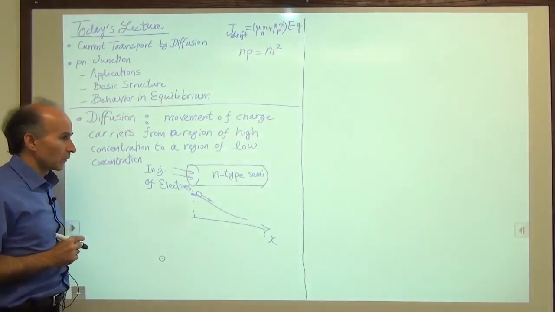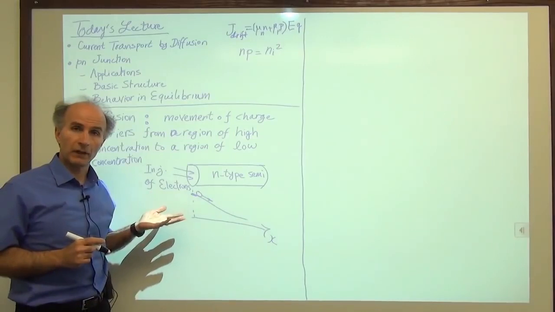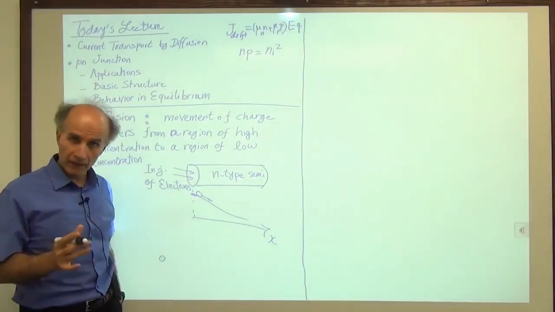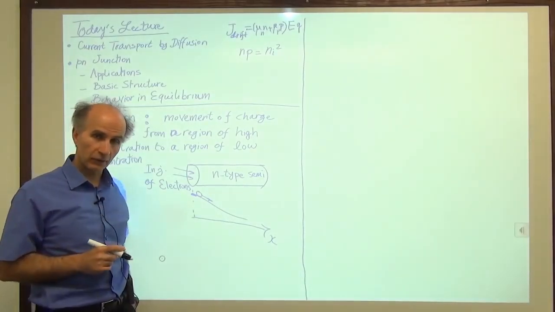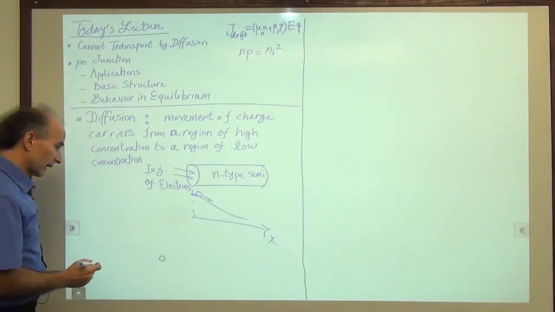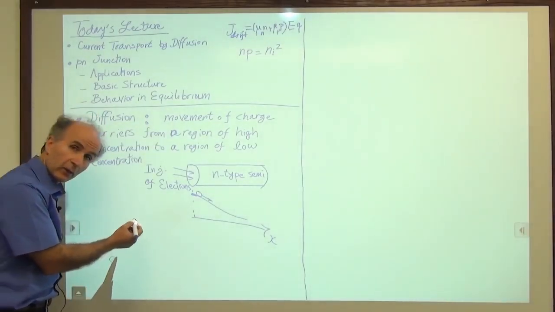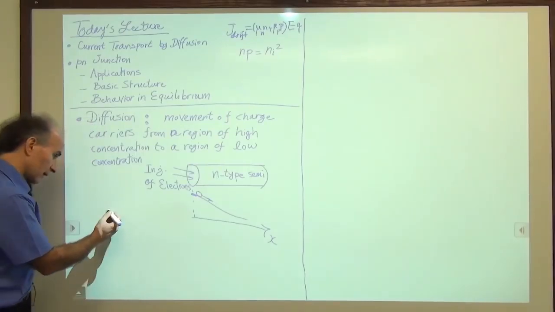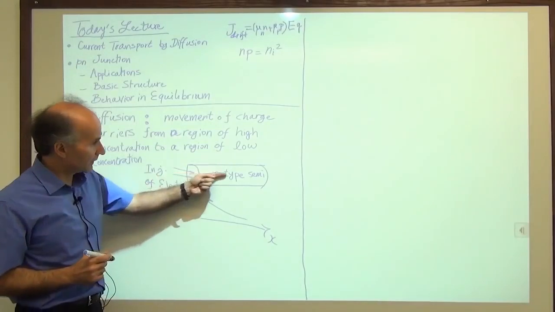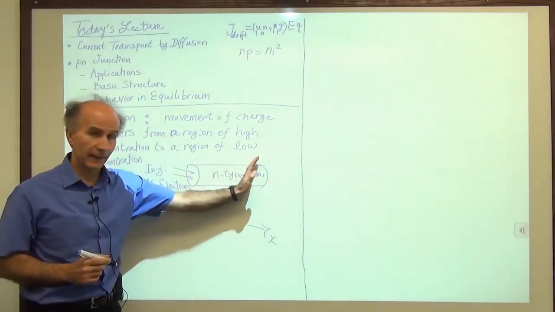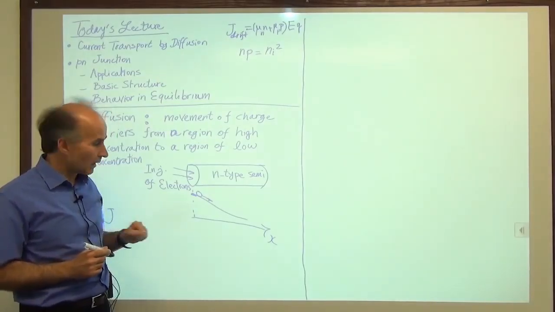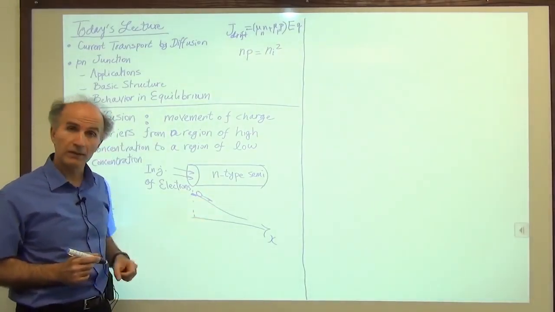Very well. So how can we quantify a current resulting from diffusion? We don't have an electric field, we just have different concentration levels. Well, what we are thinking is that the amount of current, now we can write I or we can write J, we'll write J. We are thinking that J, the current that flows through the semiconductor at any point, if I stand there, should be proportional to the slope of this concentration.